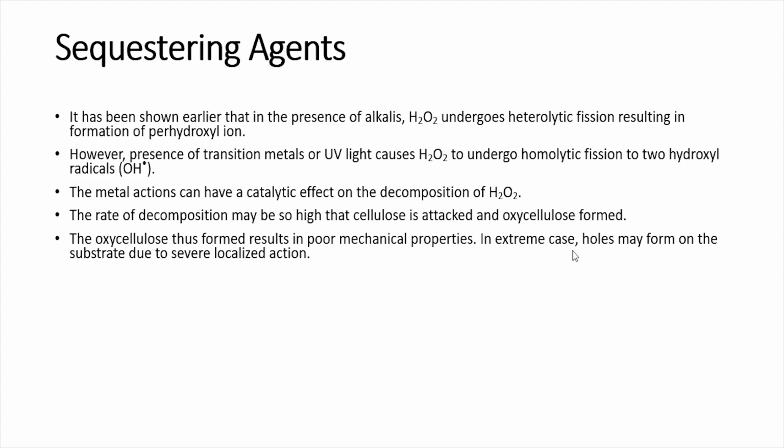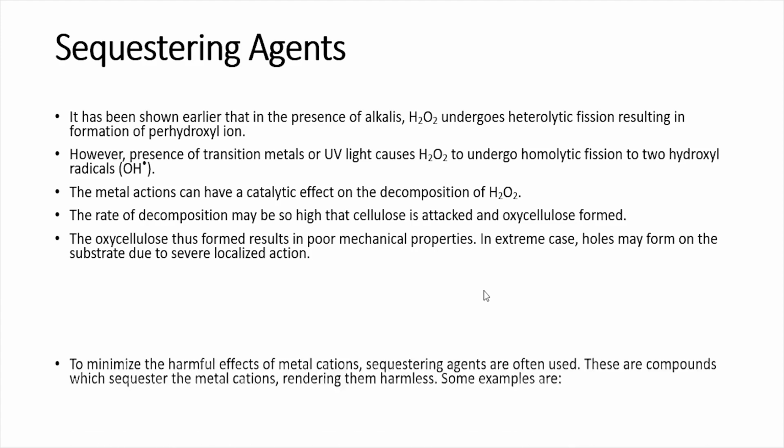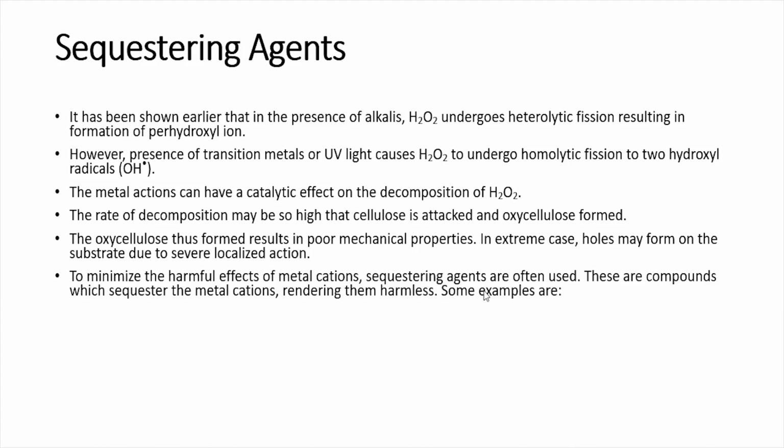So in extreme cases, holes are produced due to this effect, due to localized effect. And to minimize the effect of metals on bleaching, so to avoid the catalytic decomposition, we use a sequestering agent.